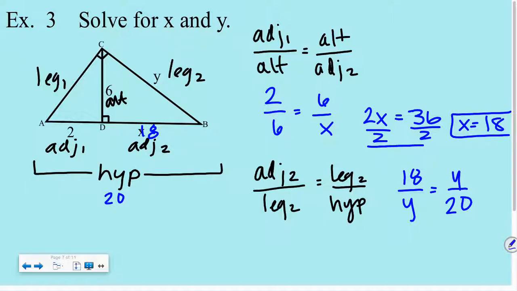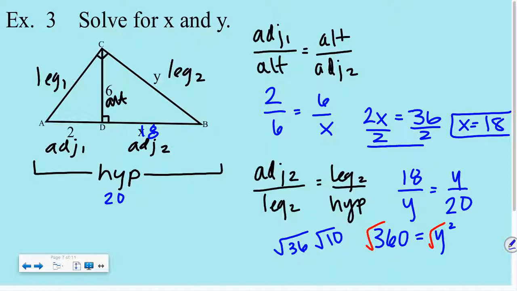Cross multiply here. 18 times 20. 360, good. Y times y. Y squared. How do we undo a square? Is 360 a perfect square? No. What perfect square goes into it? 36 does. How many times? 10.